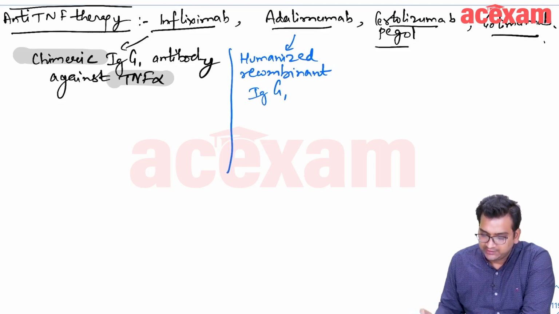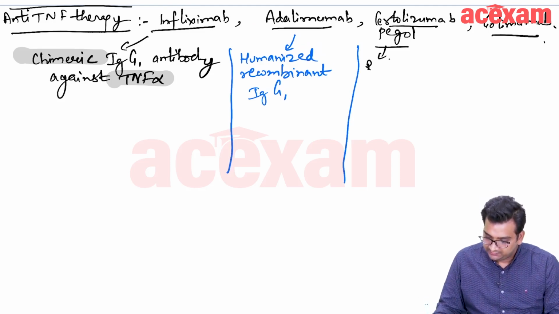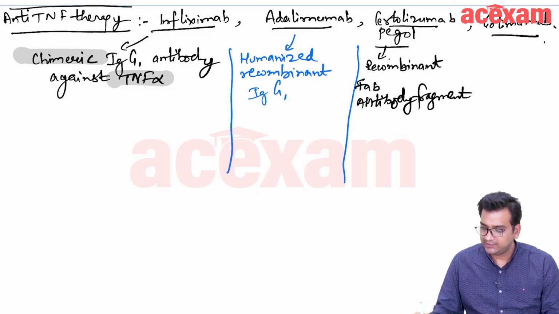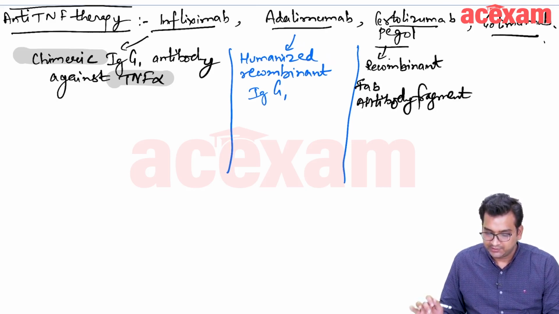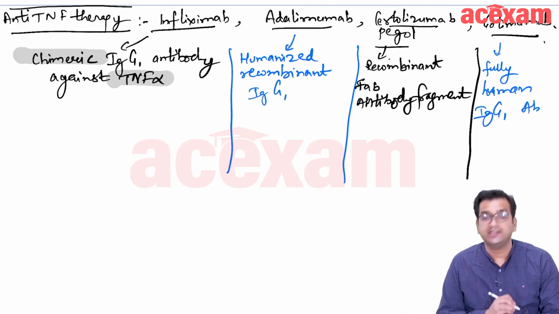This we know now. This certolizumab pegol is recombinant Fab antibody, or we can say antibody fragment against TNF alpha, and this golimumab is fully human IgG1 antibody against TNF alpha.